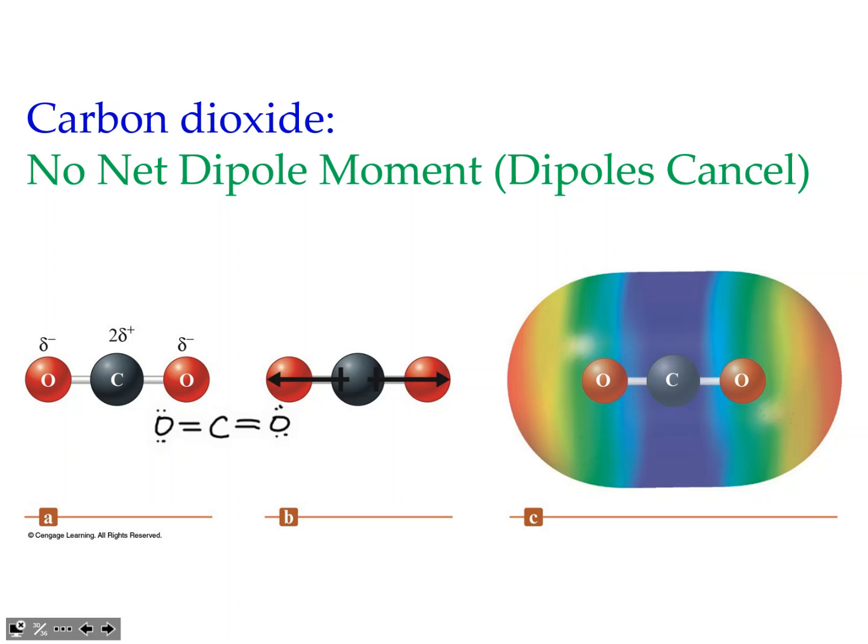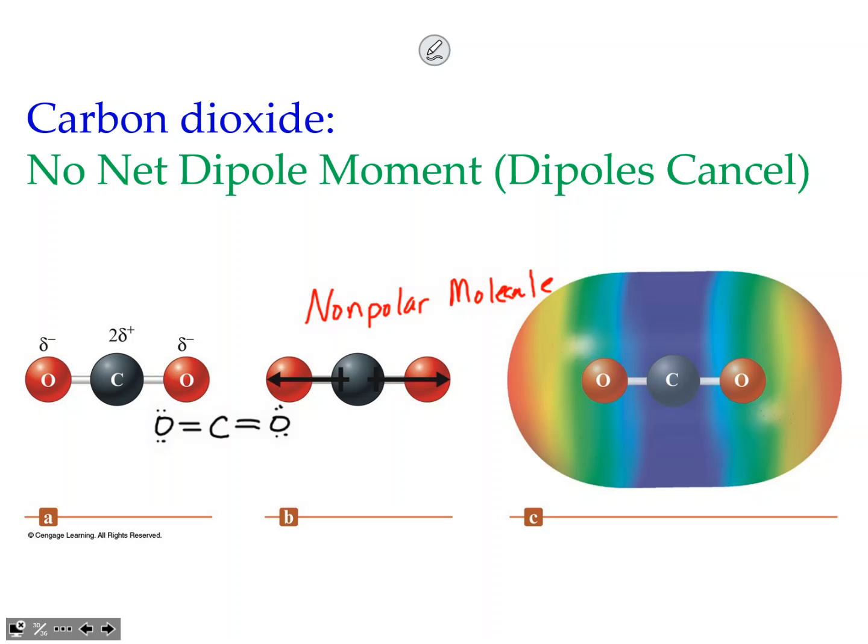But if you just look at your periodic table, you know that it is a polar bond. C to O is a polar bond. However, based off of the way that the shape of this molecule is, this one happens to be a non-polar molecule. Now, non-polar molecule with polar bonds.